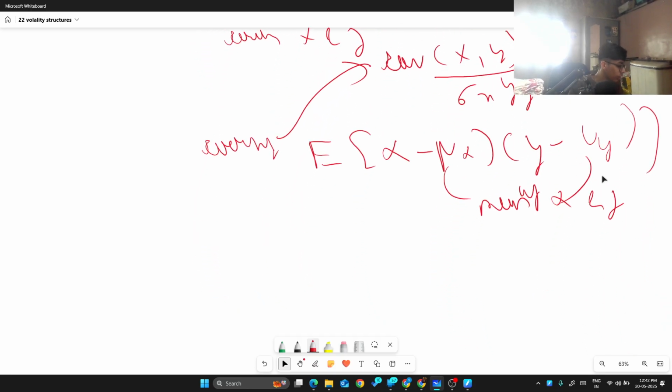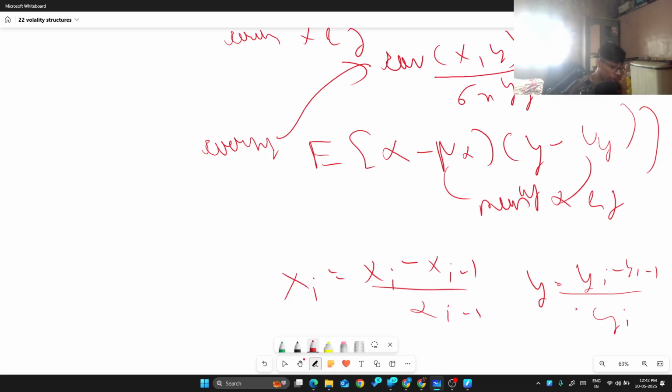In this way, we can also derive it with the percentage change: xi equals xi minus xi minus 1 over xi minus 1, and yi equals yi minus yi minus 1 over yi minus 1.